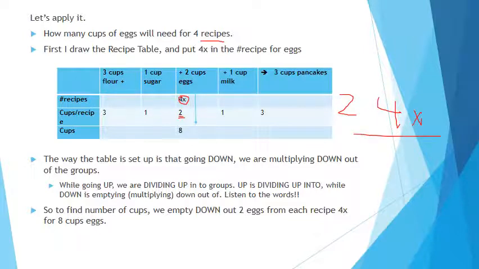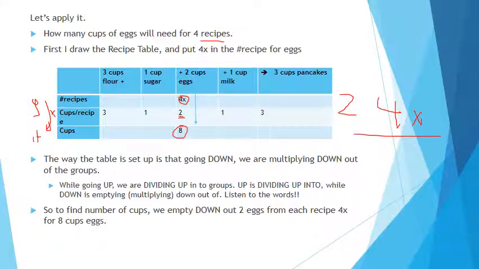I ungrouped. The recipes are my group, so groups are up here, items are down here. So I ungrouped and I multiplied. I basically ungrouped 2 cups per recipe out of 4 recipes.